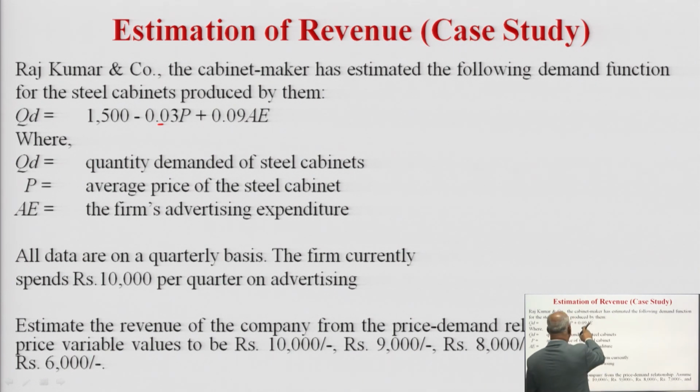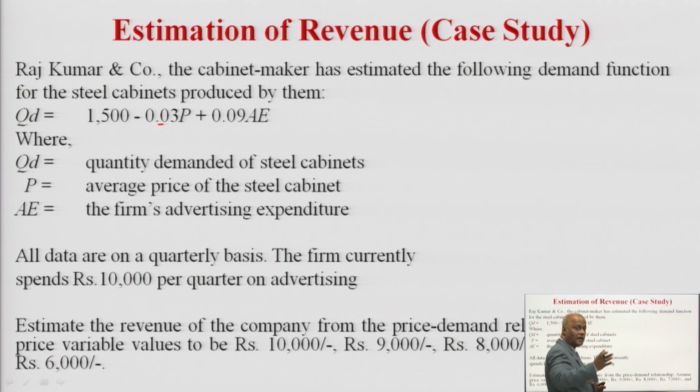That means the advertisement expenditure is on a quarterly basis, and Rajkumar and Company are spending rupees 10,000 on advertisement, which is given in this case.